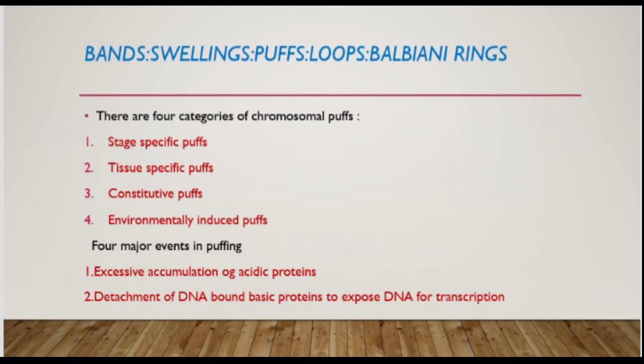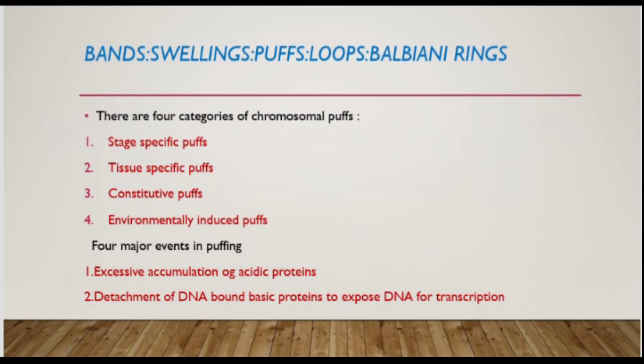These puffs are transcriptionally active and rich in RNA and DNA. In some puffs, the chromatin filaments are drawn out as a series of lateral loops, and these lateral loops are known as Balbiani rings. I hope it's clear.